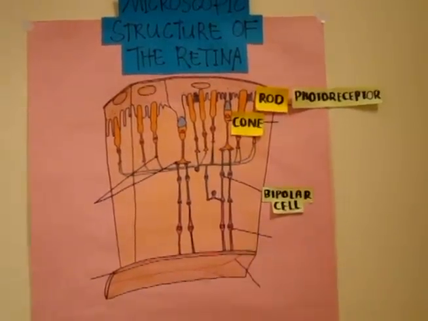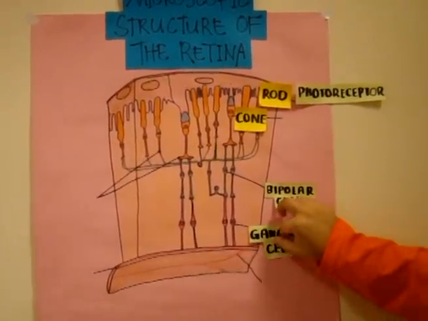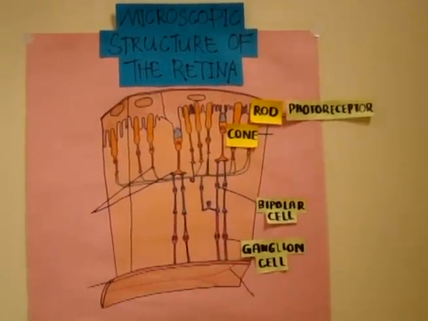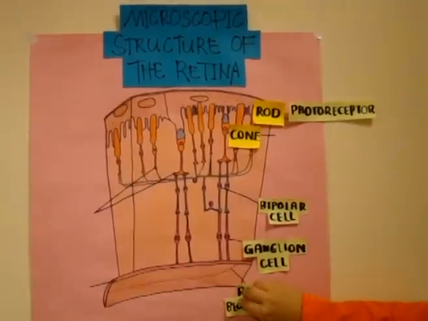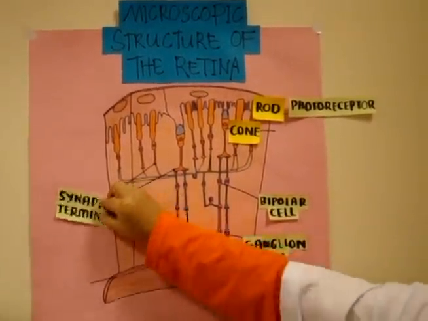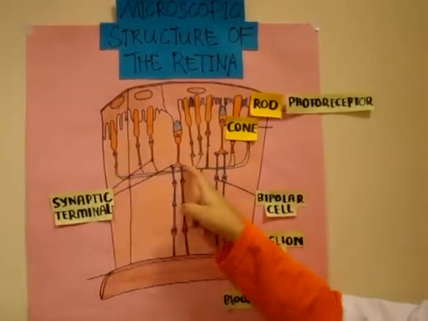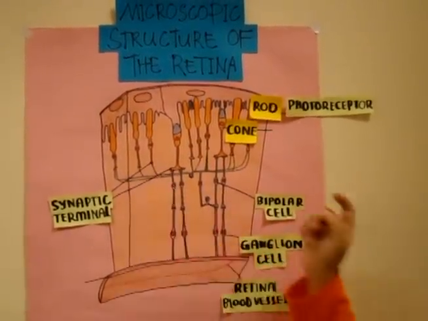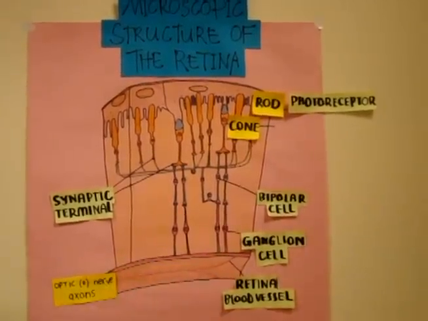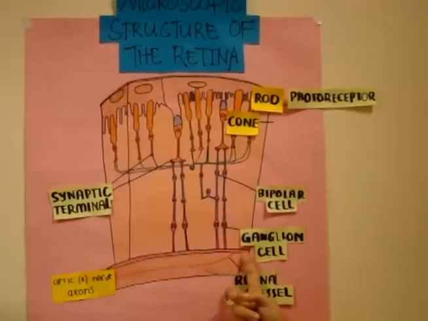And this is the ganglion cell. And here are the retinal blood vessels. The synaptic terminal is located here. And lastly, the optic nerve axon here.